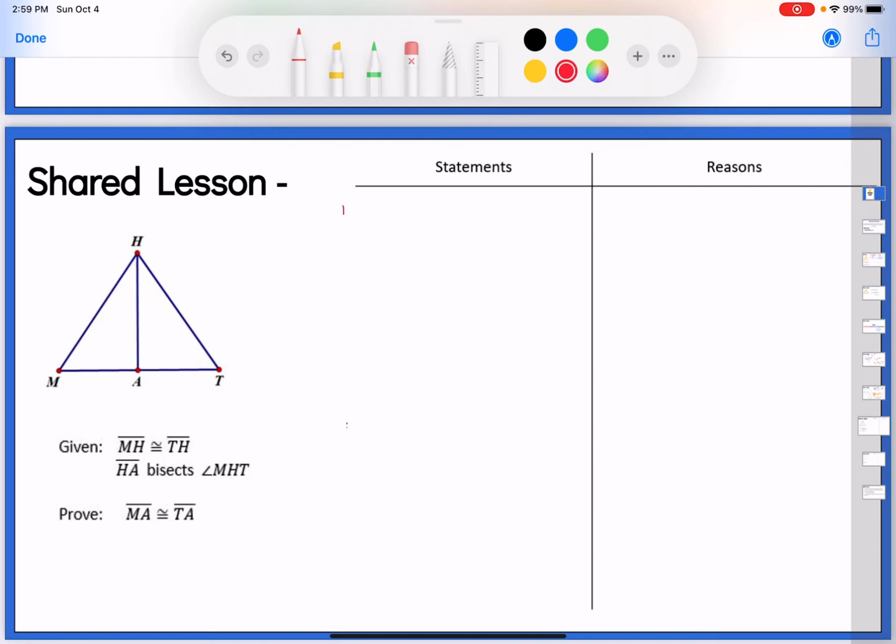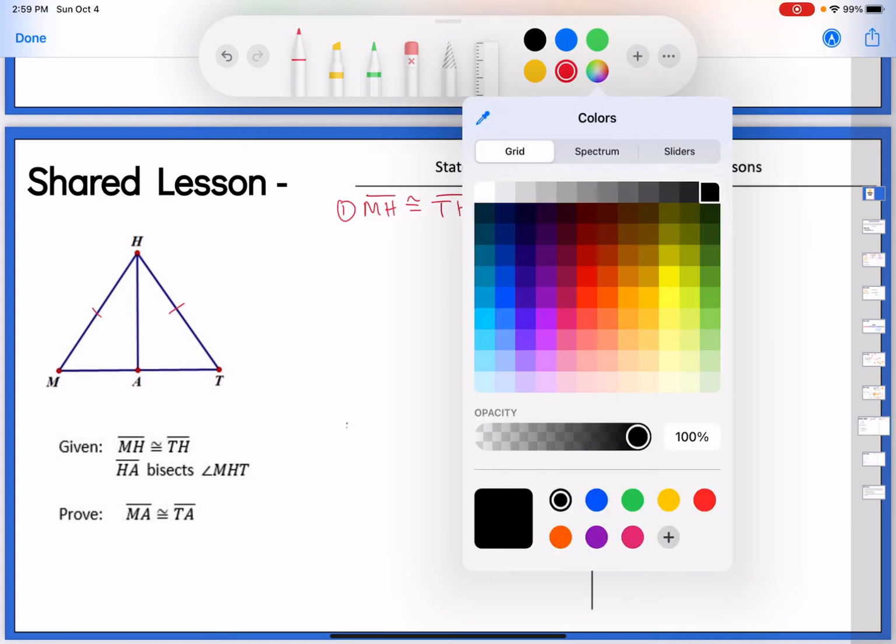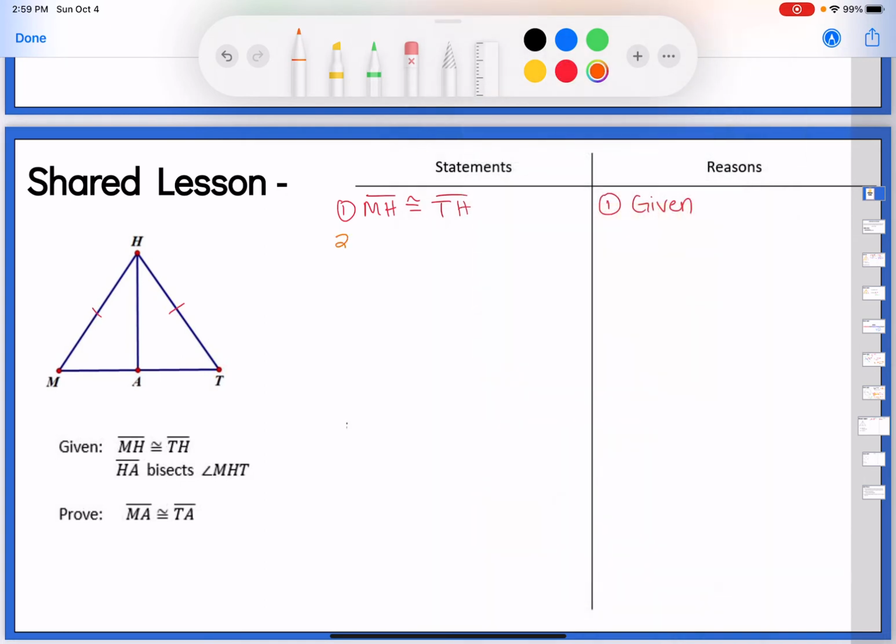All right, so our first step will be to write down our givens and mark our picture. MH congruent to TH, given. Second step, HA bisects angle MHT. Now this needs a little bit more breaking down this time. I'm trying to get to MA is congruent to TA, right?